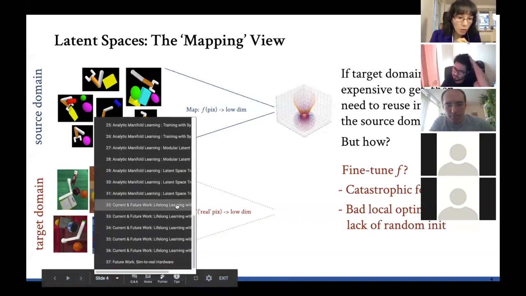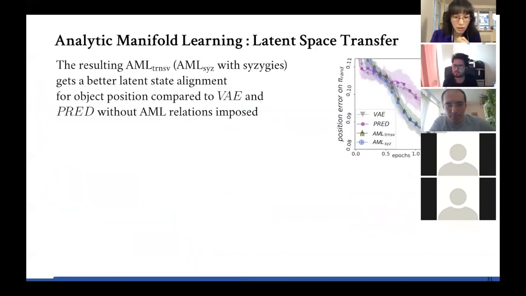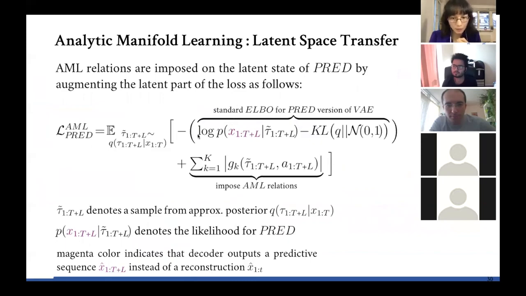That's one way this accommodates it, because this is just part of an ELBO loss. It accommodates not only differences in morphology, but big differences in general between the source and target domain, because it says I am not going to impose any rigid constraints on what your latent space should be on the target domain.